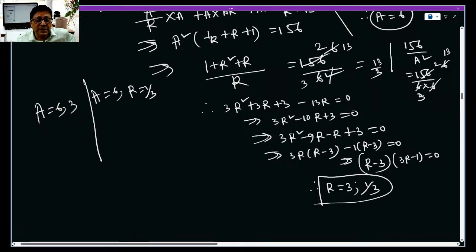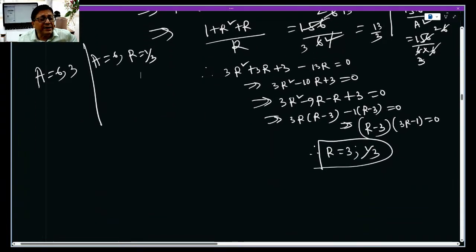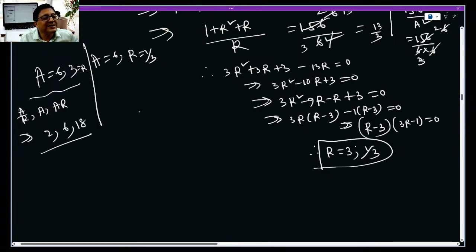So series of terms are like A by r, A and A r. So in this case, series of terms will be what? A by r, A, A r. A by r is what? 6 by 3, this is r equal to 3, no? So A by r is 2, 6 and 18. Clear? If you take this manner, are you wrong?